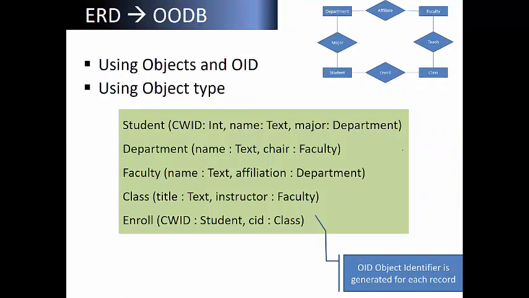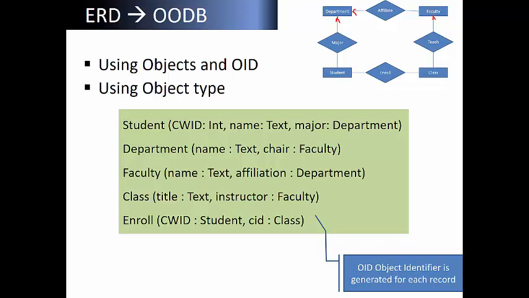If we compare an entity relationship diagram to object-oriented databases, it is in this way. This is an ER diagram, which we already know. If we use some arrows, we can put arrows like this. Students should be affiliated with only one department. A department may have many students and many faculty.